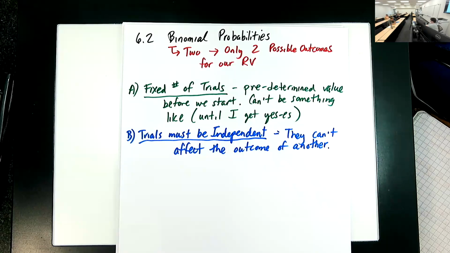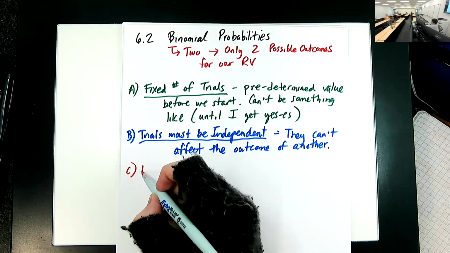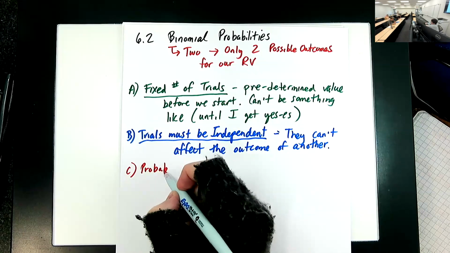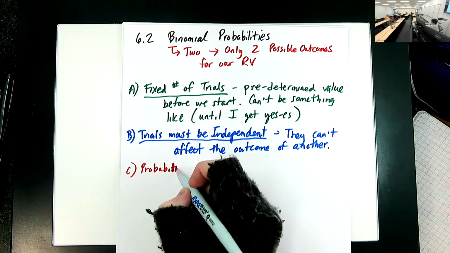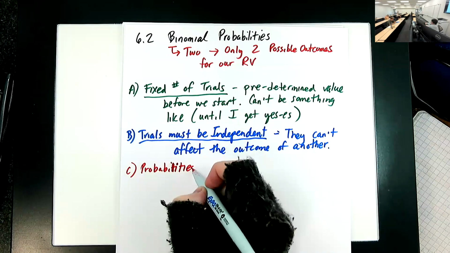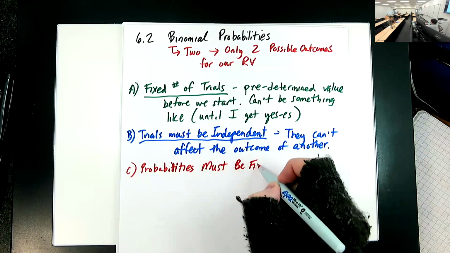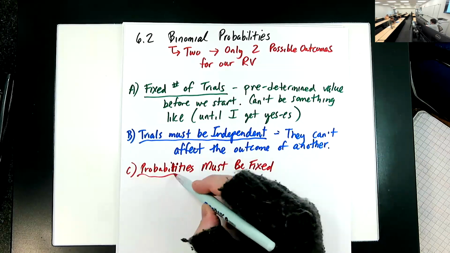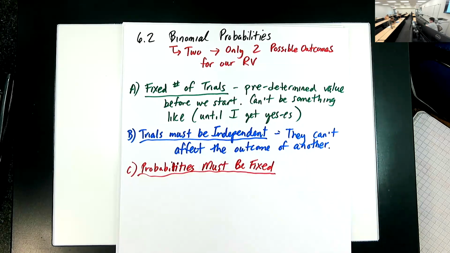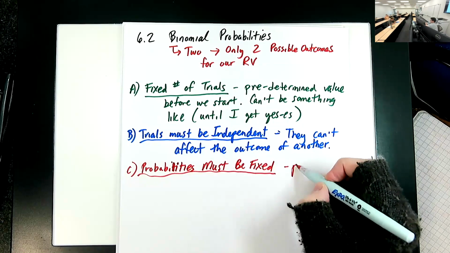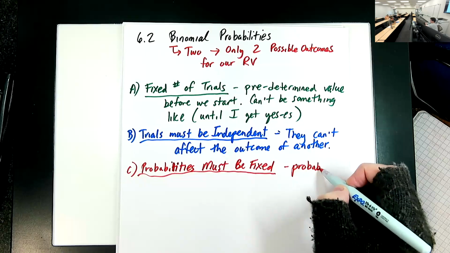This one's kind of related to what happens with C. The probabilities must be fixed. And what I mean by that is the probability can't change between trials.